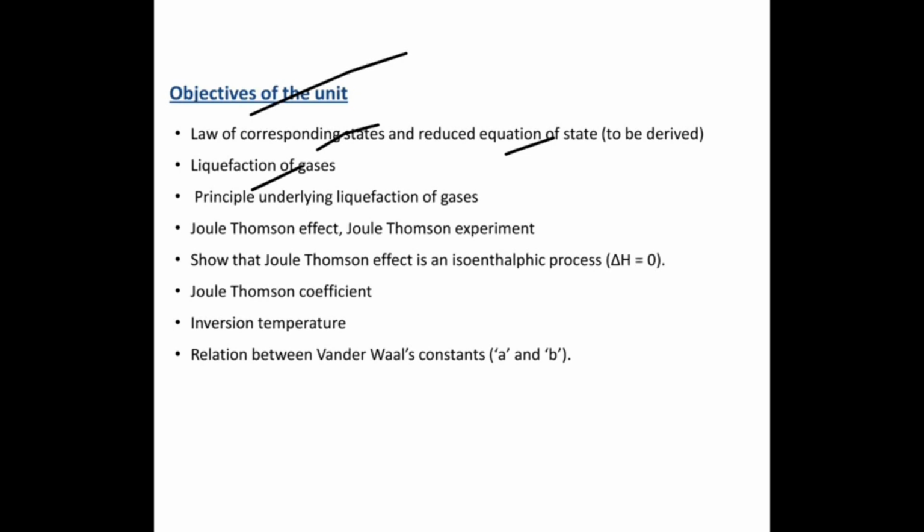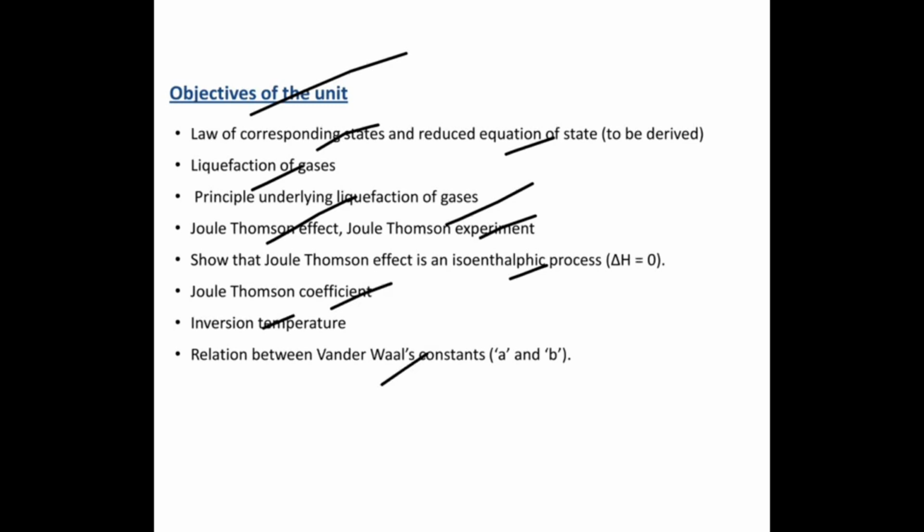Also we are going to discuss the principle underlying liquefaction of gases, how it works, how it is liquefied, and also the Joule-Thomson effect, the Joule-Thomson experiment for the liquefaction of gas, and the Joule-Thomson effect in isoentropic process, and Joule-Thomson coefficient, inversion temperature, and van der Waals constant.